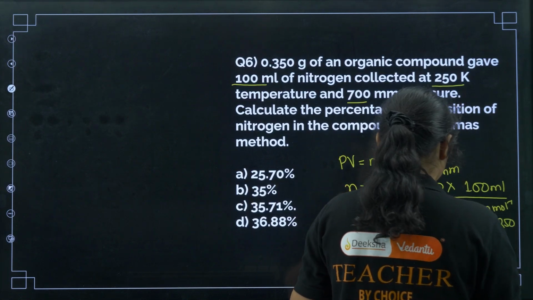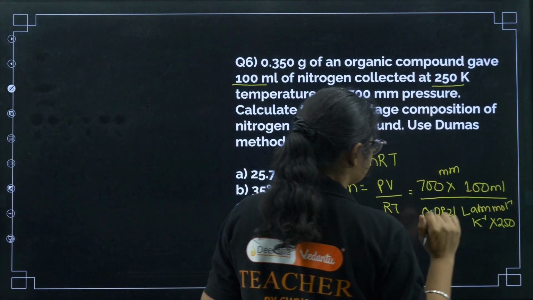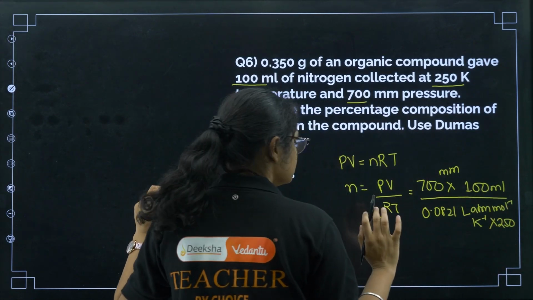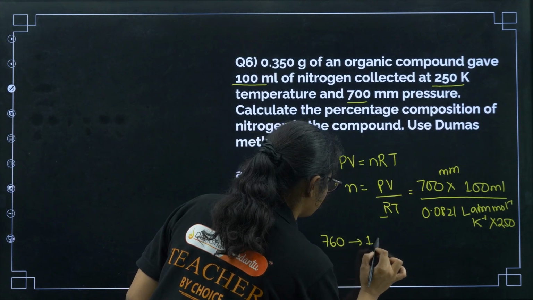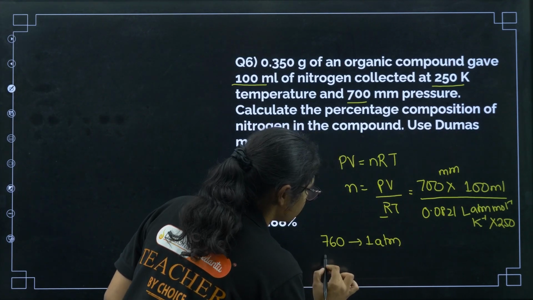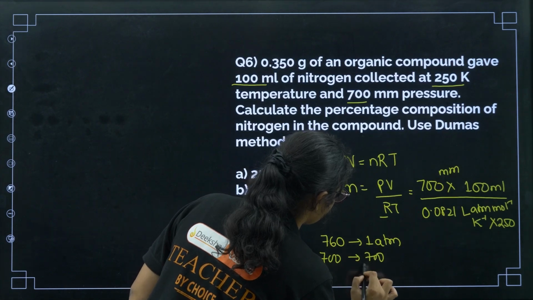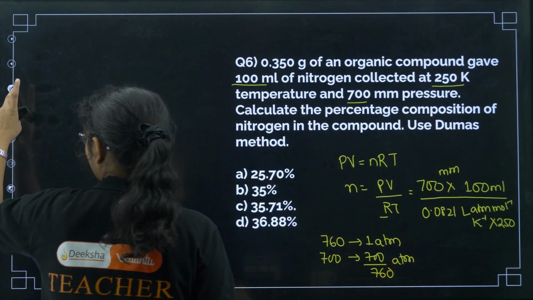Now here I need to convert the pressure to ATM, and the volume to liters. So now see, conversion we have to do. 760 mm of Hg is 1 ATM. That means how much will be 700? 700 will be 700 by 760 ATM, right? So I'll just substitute the values here.